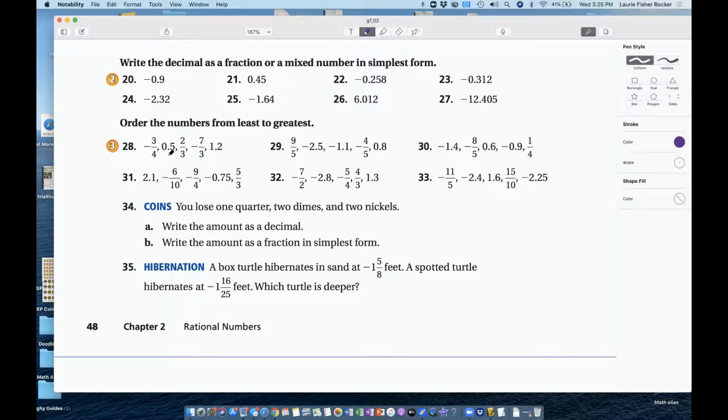Or what is the fraction version? But that's harder because then you have to have like denominators. As soon as you put them in decimal form, it's kind of like they have like denominators a little bit. So you can do some comparisons there. You're doing the odds, so you're going to be doing 29, 31, and 33 on those. You're not doing 11. And then I think that's it for your lesson.